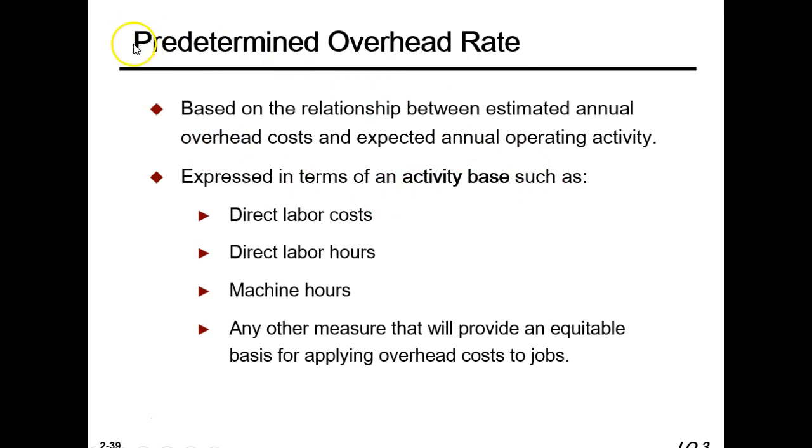Oftentimes, they calculate predetermined overhead rates based on either direct labor costs or direct labor hours or direct machine hours. They're going to create a relationship based on what would be most obvious for the goods that are being produced. Okay?